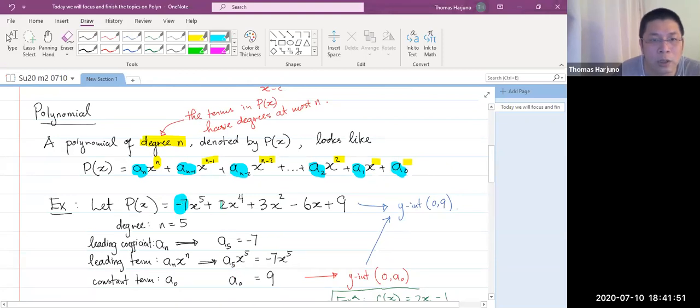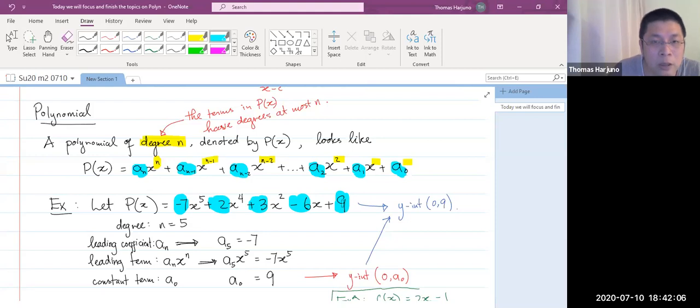All of them here happen to be integers, but the coefficients may be fractions, rational numbers, real numbers like pi maybe. It can also be a complex number like 2 plus i, 9 minus i, 9 minus 7i, and so on and so forth. Those are what we meant by complex numbers.